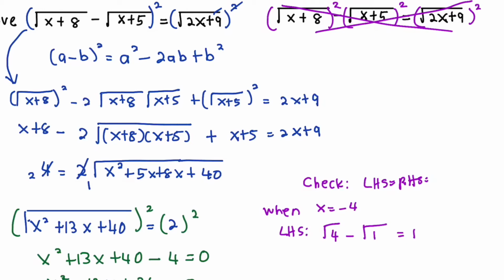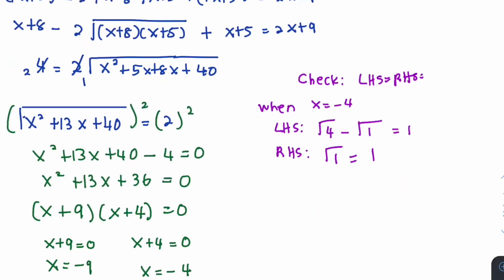Alright, and your right hand side is 2 multiplied by negative 4 is negative 8, plus 9 will be square root of 1, so square root of 1 equivalent to 1. Since your left hand side equals your right hand side, x equivalent to negative 4 is a solution. So that is one answer.